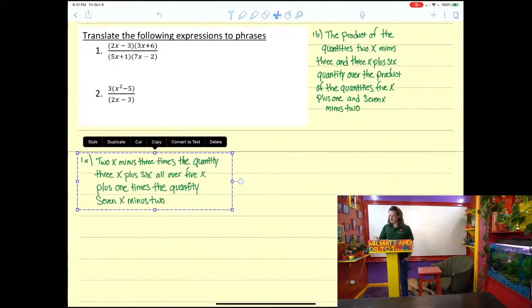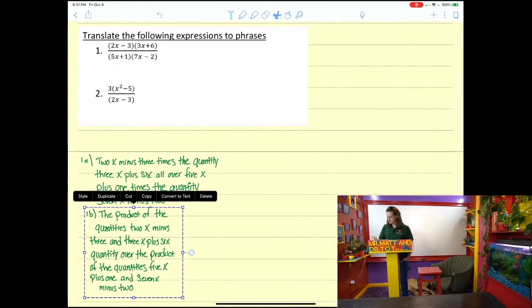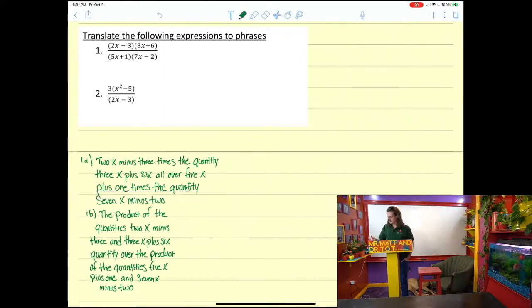We could say 3 times the quantity x squared minus 5, quantity divided by 2x minus 3.